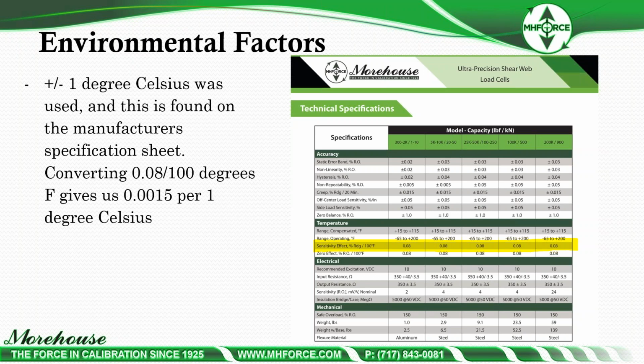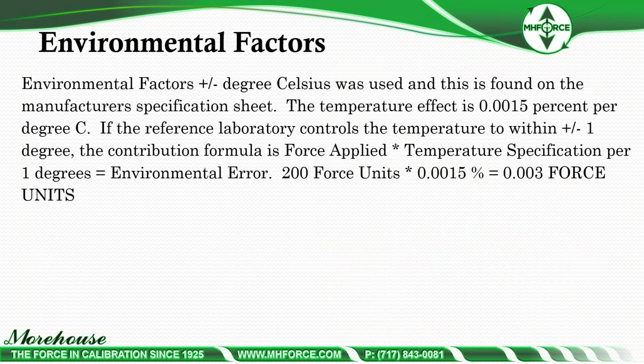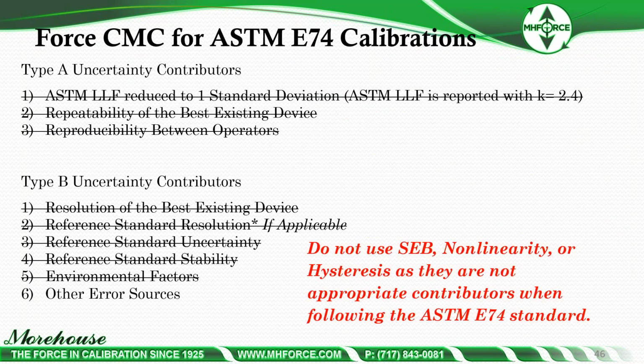If you want to work in Fahrenheit, you can convert it; we converted it to Celsius as that's what we're operating in. It's 0.0015 per 1 degree C. That's found on the sheet. We type that into our sheet, and then we get 0.003 force units.